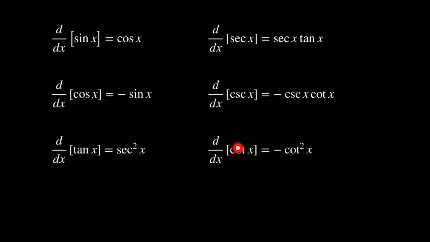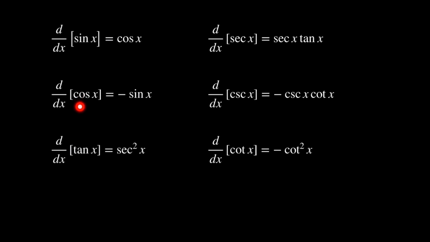So I have the other derivatives of our other trig ratios written down. You can derive these using the quotient rule as well, but the derivative of secant x is secant tangent. The derivative of cosecant x is negative cosecant x cotangent x, and the derivative of cotangent x is negative cotangent squared x. One thing to notice when you're trying to memorize these is there is a pattern.